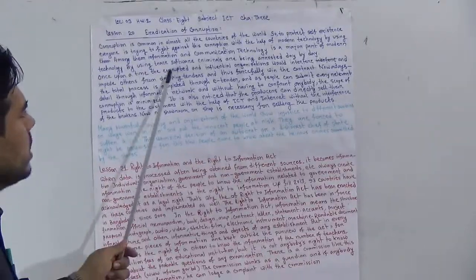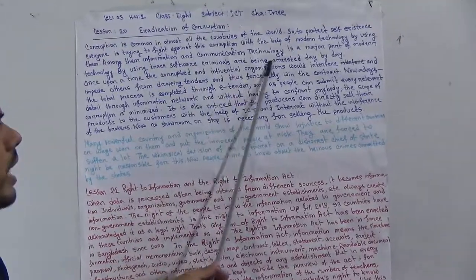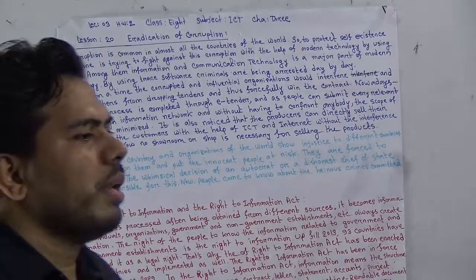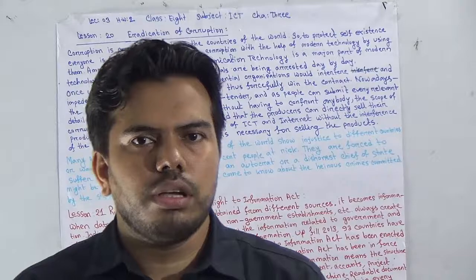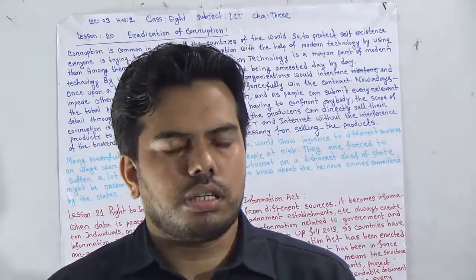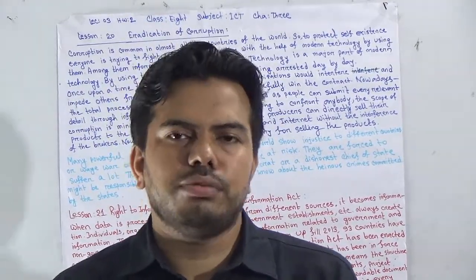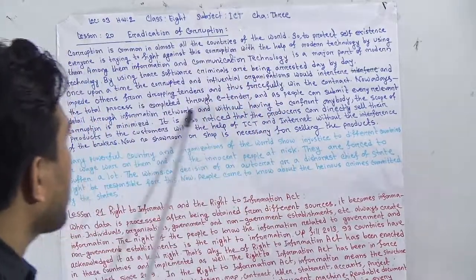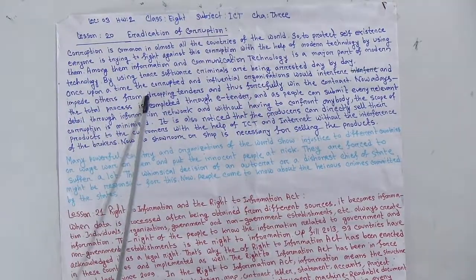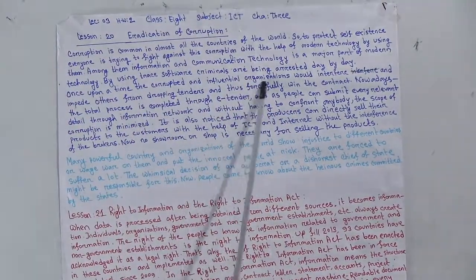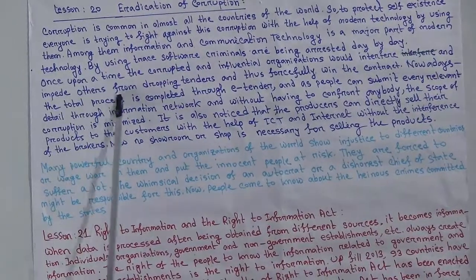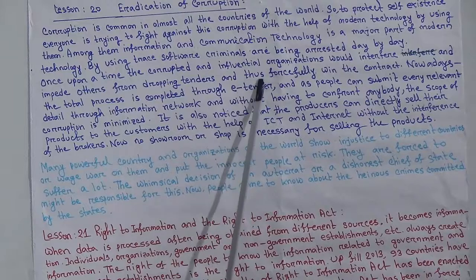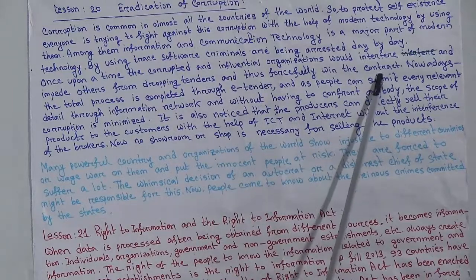By using tracking software, criminals are being arrested day by day. By using mobile phone tracking and network tracking systems, our criminals are arrested day by day. Once upon a time, corrupt and influential organizations would interfere and impede others from submitting tenders and thus forcefully win the contract.